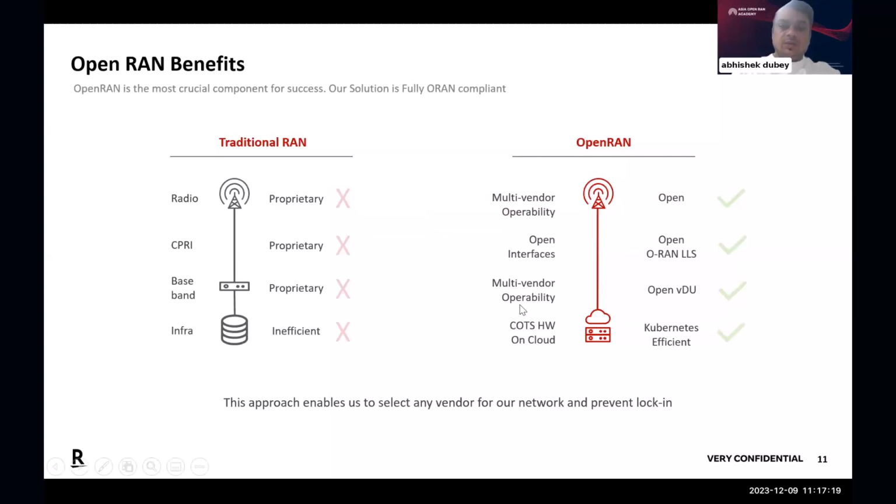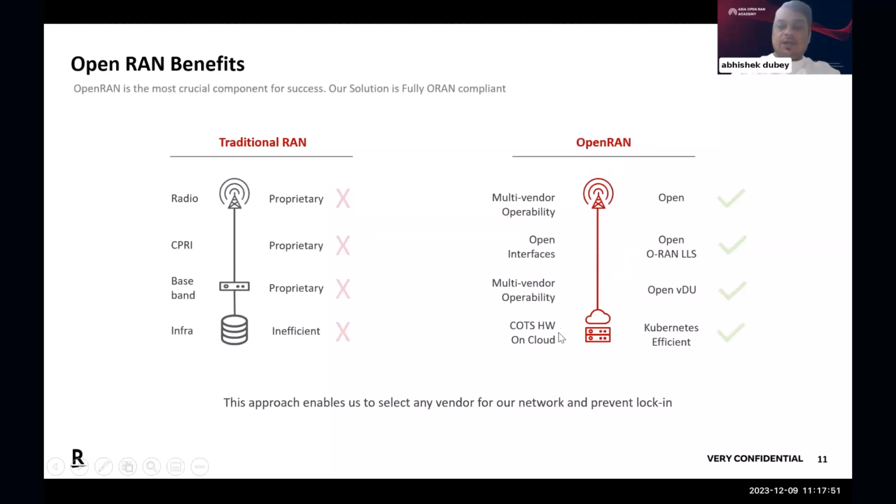But what we can leverage is, since it works on the cloud and deployment is centralized, the benefits of cloud native along with the centralization. So we can pool the resources from the baseband in Open RAN. Okay. And also, as I told you, multi-vendor interoperability is possible because you can use any radio from any company.